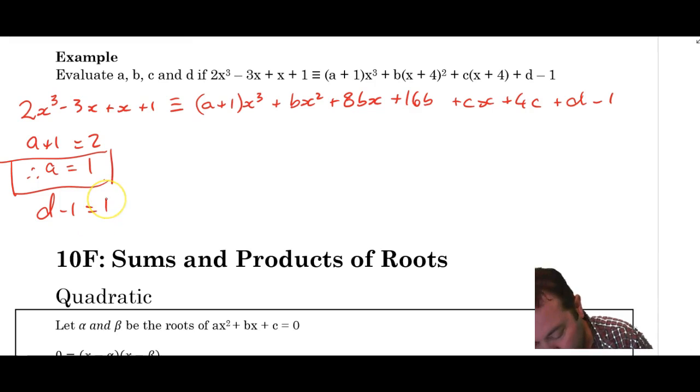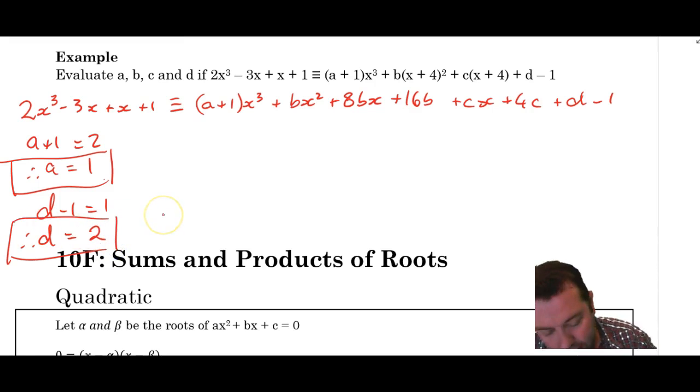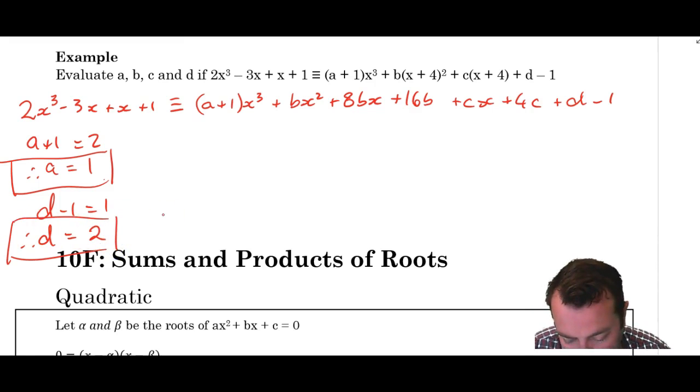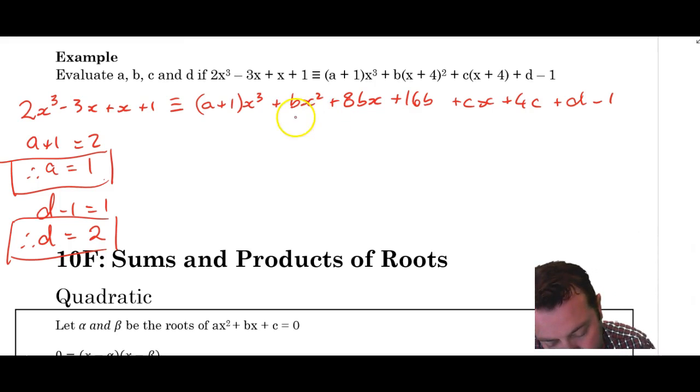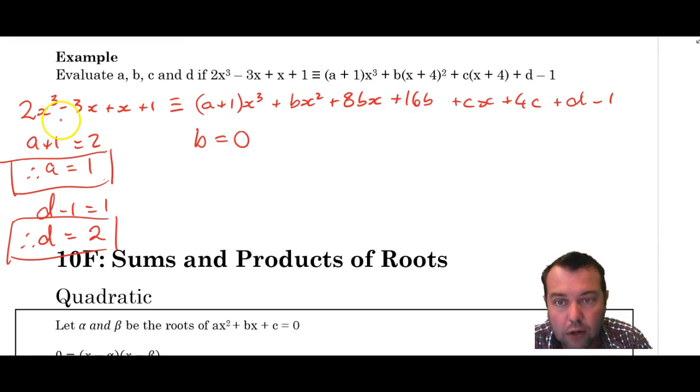Therefore, d equals 2. 2 down, 2 to go. Now let's look at the x squared term coefficients. Bx squared is my only x squared term.